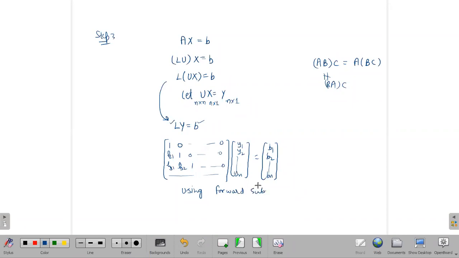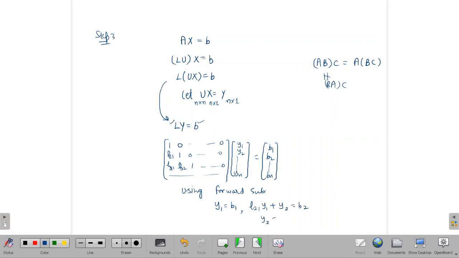Forward substitution, because here you will get Y1 first. All the other entries in the first row are 0, so you only multiply 1 into Y1, 0 into Y2, which is equal to B1. From the first row, you will get Y1 equal to B1. Similarly, from the second row, you will get L21 into Y1 plus Y2, which is equal to B2.